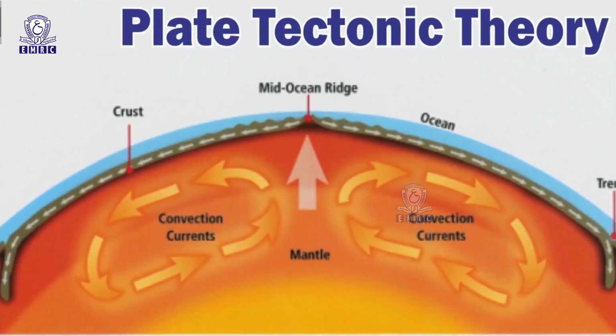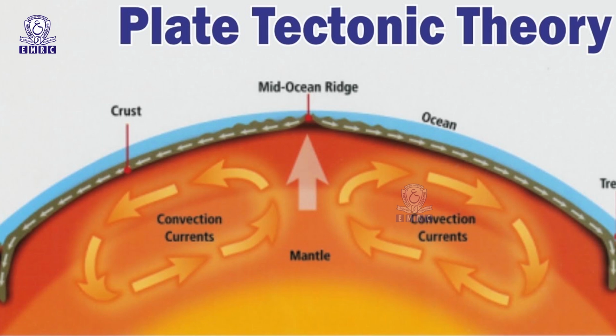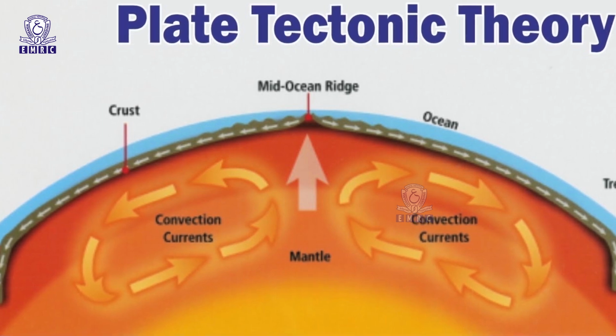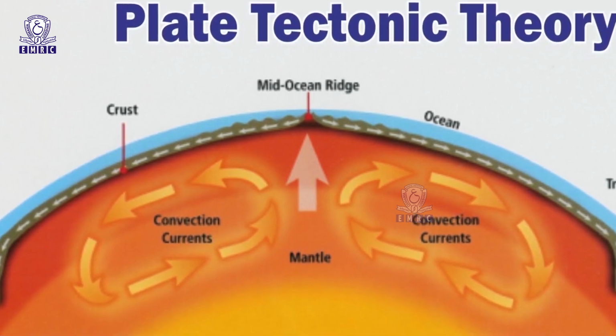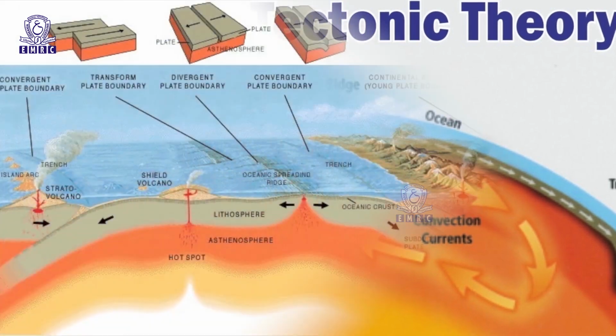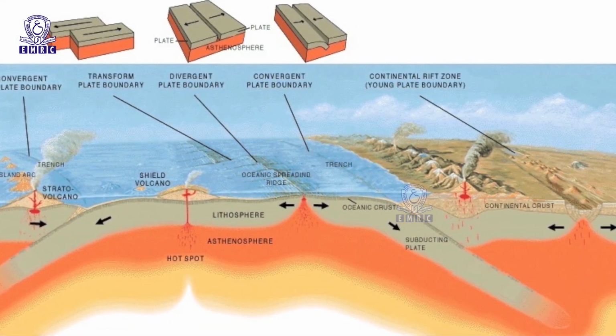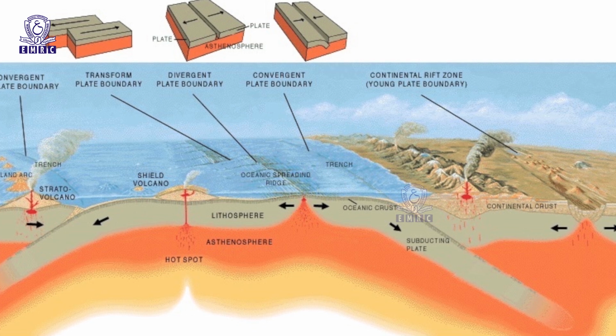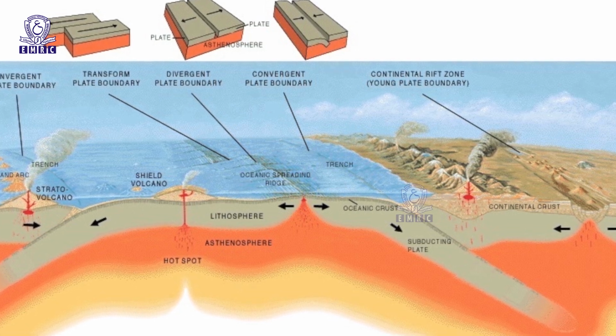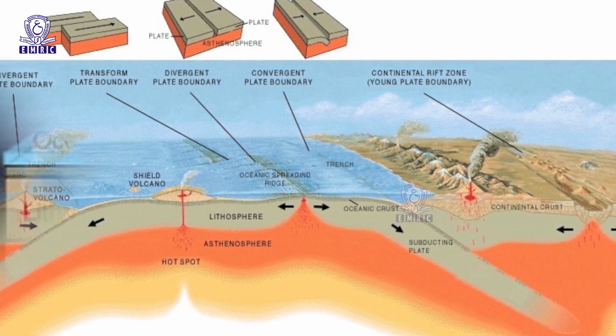Plate tectonics theory has been considered the most plausible explanation of the causes of earthquakes. According to the theory of plate tectonics, the plate boundaries are the primary location of earthquakes and volcanic activity. The Earth's crust is made up of a few major and numerous minor plates.